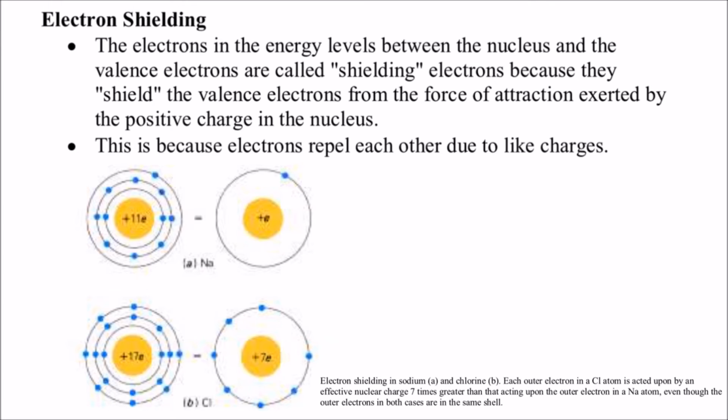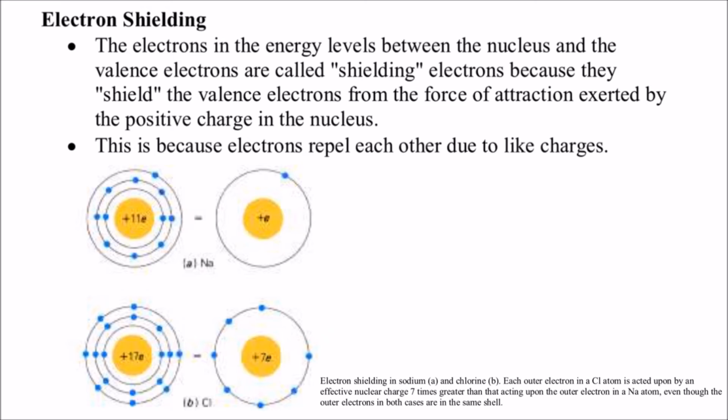This very outermost electron is not feeling the full force of the 11 protons in the nucleus pulling on it, because these 10 electrons between the nucleus and the valence electron block some of that charge. They cancel some of it out before that positive charge makes it out to that outermost electron.